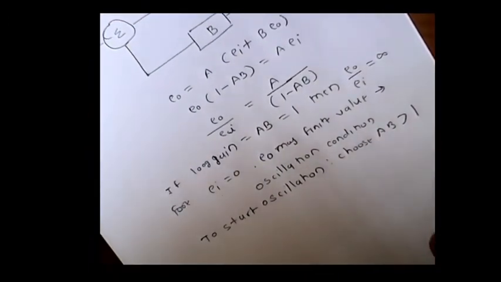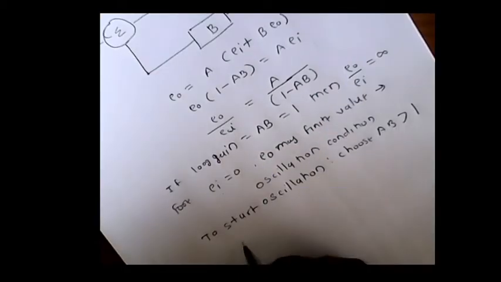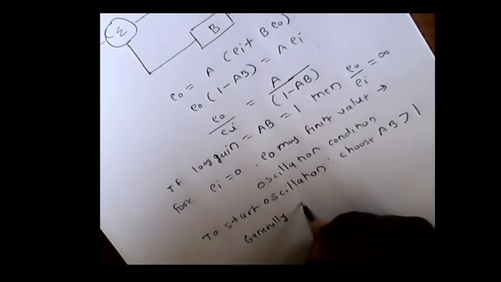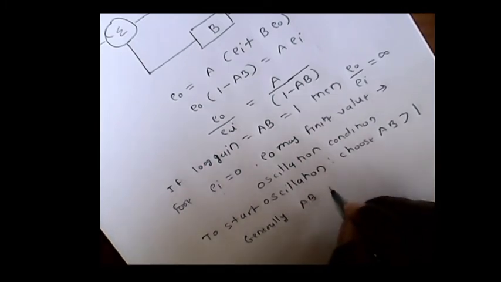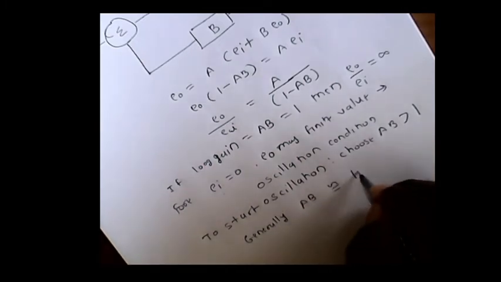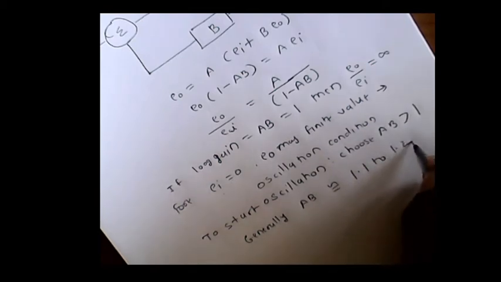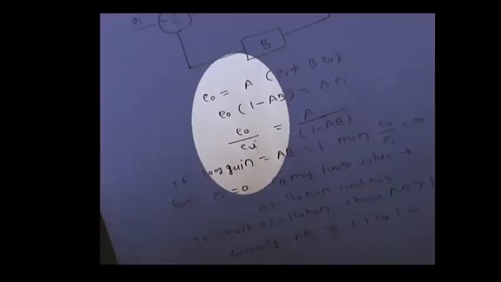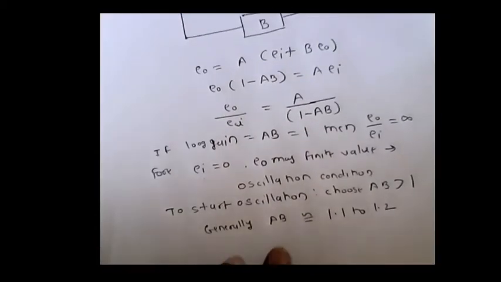For designing purposes, generally we choose the loop gain in the range 1.1 or 1.2. Two oscillation conditions must be satisfied. To start the oscillation, the loop gain must be greater than 1, and practically the A beta value is chosen in the range 1.1 to 1.2.